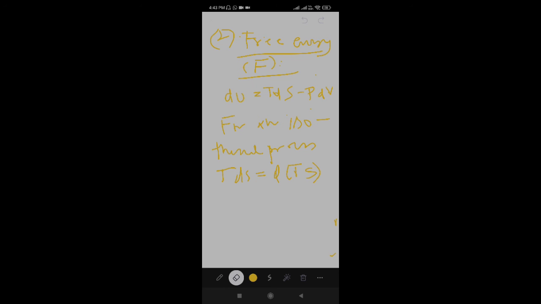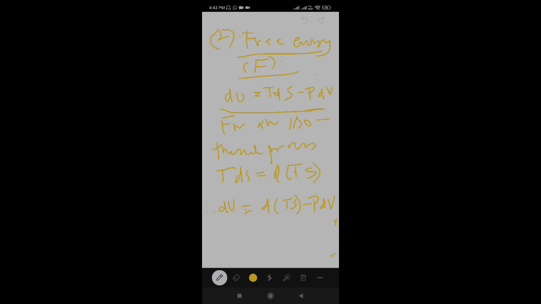Now I am going to use this in the above equation. Therefore, your dU is equal to, instead of TdS, I am writing d of TS, minus PdV.